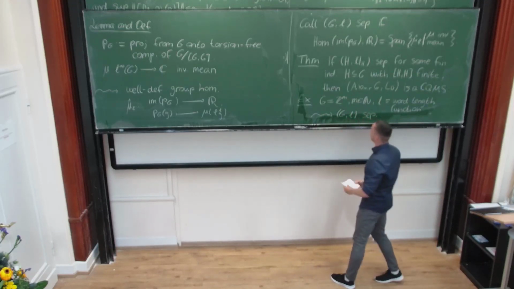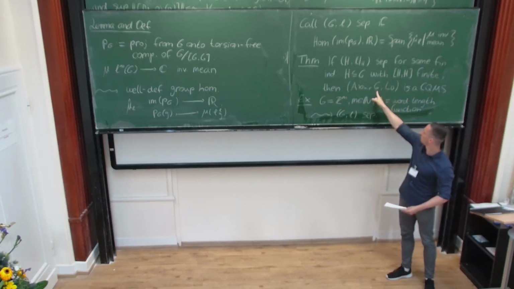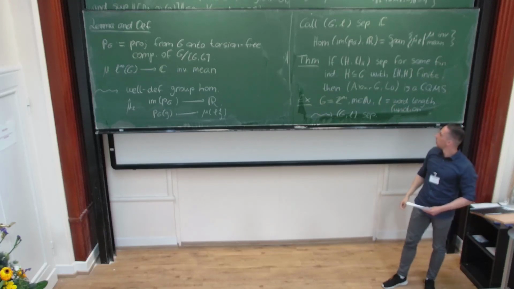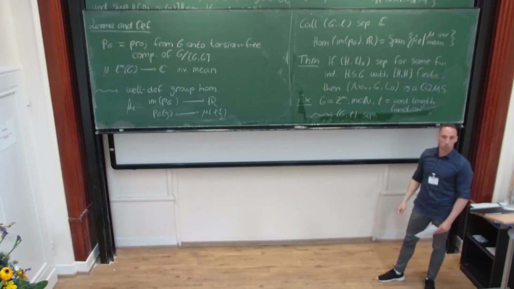And this in particular implies, with this theorem from above, that if you take G to be a virtually abelian group, then you will get a compact quantum metric space structure.